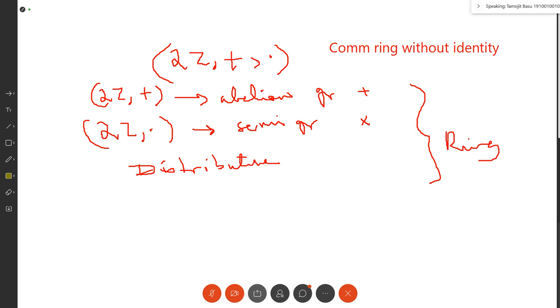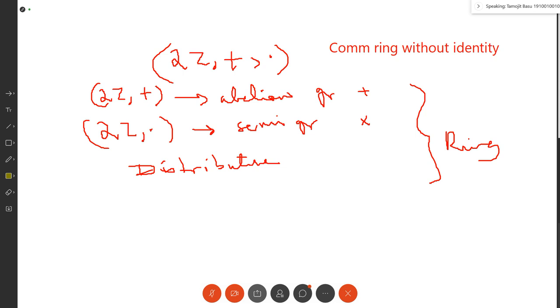So for 2z plus to be an abelian group, we first have to prove that it's a commutative group. Yes, that means all the 5 properties must hold true. 2z plus will have what type of elements? Can you tell us? Even numbers. Yes, so can you tell the even integers? It starts from where?